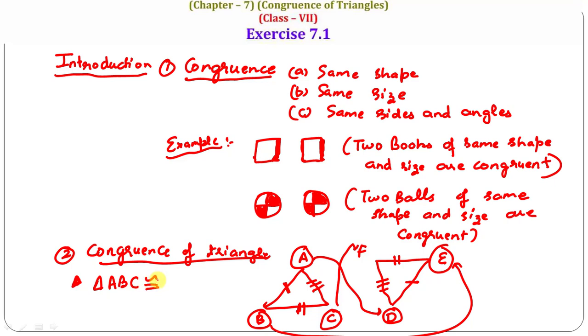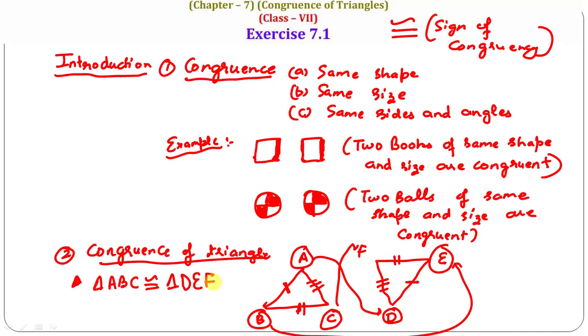This is the sign of congruency. A is connected to D, B is connected to E, and C is connected to F, so triangle ABC is congruent to triangle DEF.